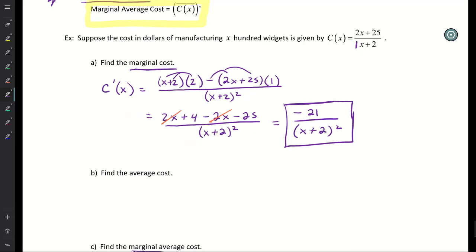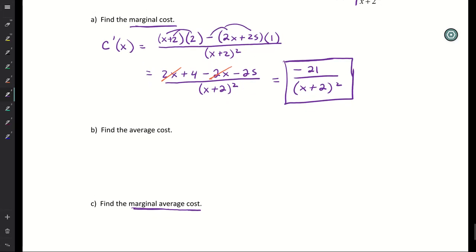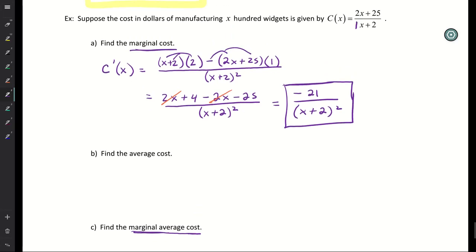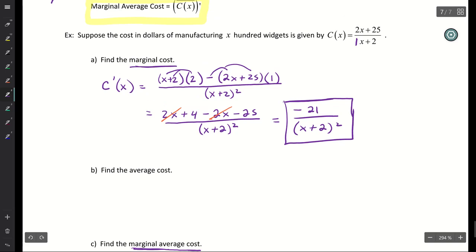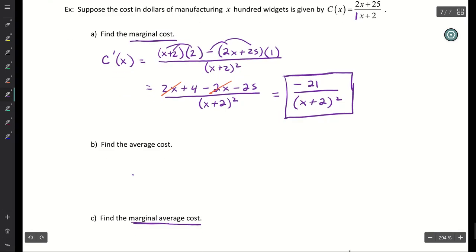All right, now the next piece says find the average cost. The average cost is the cost function divided by x. Well, I'm going to say if the cost function is already a quotient, then dividing by x is going to make it really ugly. So what you can do is, if your cost function is already a fraction, you can basically just multiply by an extra factor of x in the denominator. So the average cost function, the notation is this.